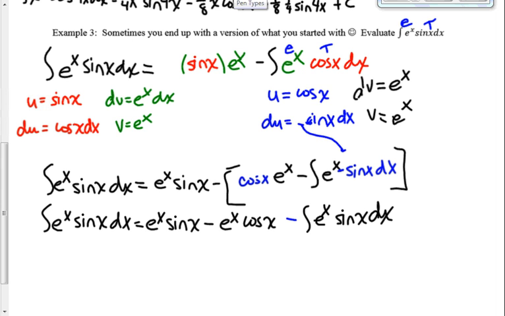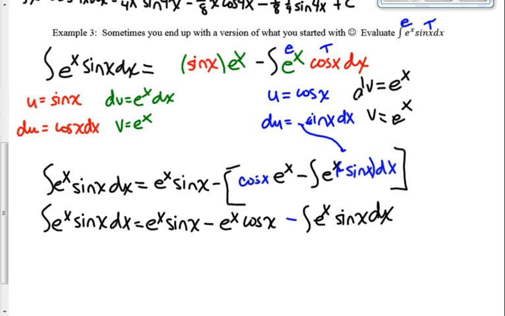I apologize. I didn't plug in a negative, I plugged in a positive, making this last term in my second integration by parts a negative.